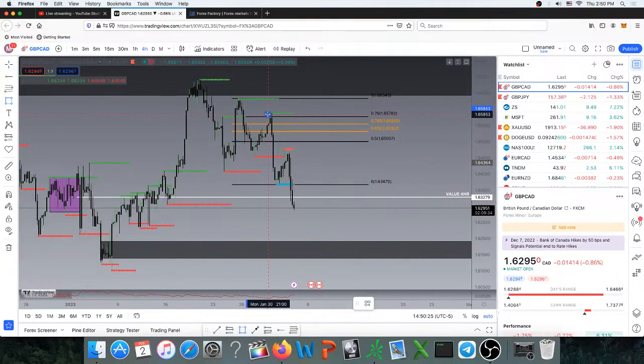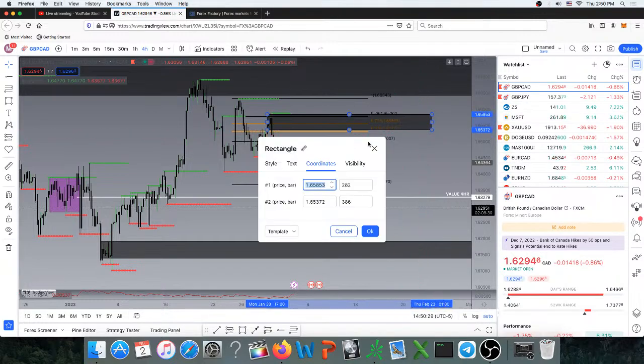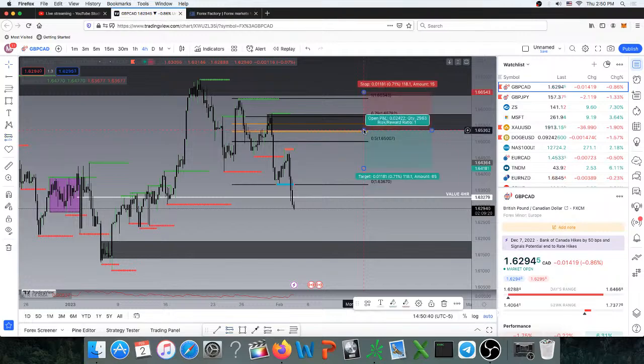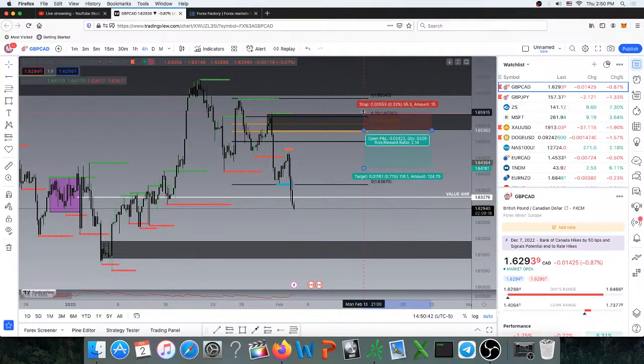in this area right here. This is where I would be shorting the market. I would set an alert.